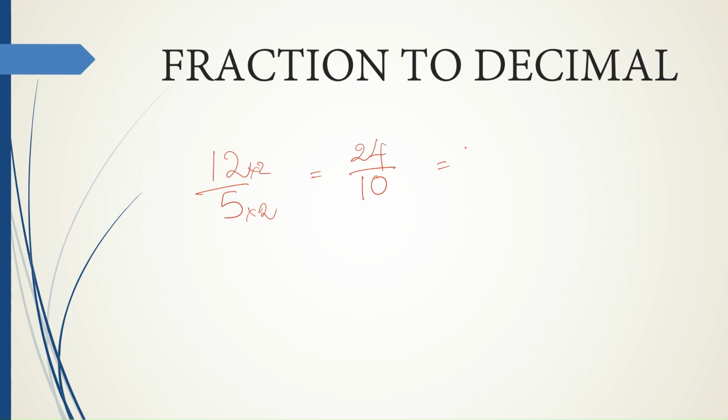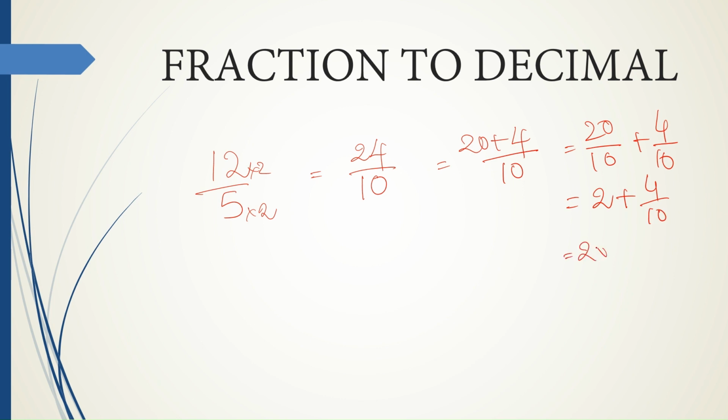If you want to expand this like 20 plus 4 upon 10, then write 20 upon 10 plus 4 upon 10. 20 divided by 10 is 2 plus 4 upon 10 is equal to 2 into 1 plus 4 into 1 upon 10. Into 1 means ones place, so 2 in ones place. Keep a dot. 4 into 1 upon 10, 1 upon 10 is tenths place. So we will write 4 here.